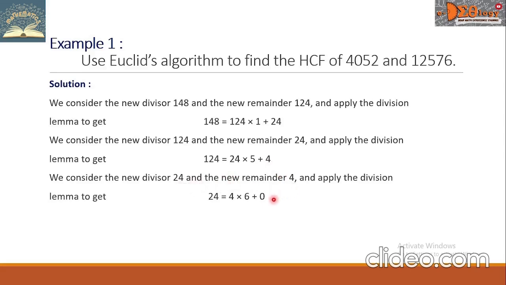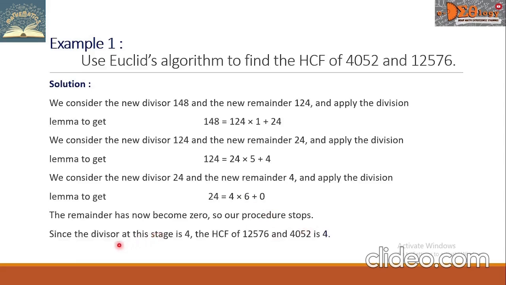Then we get this equation. 24 equals 4 times 6 plus 0. The remainder has now become 0, so our procedure stops. Since the divisor at this stage is 4, the HCF of 12,576 and 4,052 is 4.